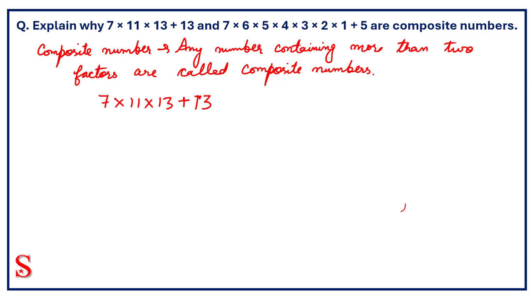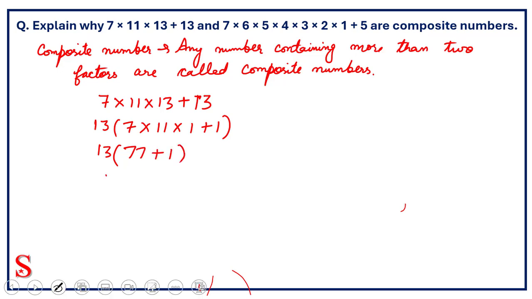So we'll take 13 out, and in the bracket it is 7 multiply 11 multiply 1 plus 1. Now we'll solve the bracket first of all. 7 multiply 11 multiply 1 would be 77, and then plus 1. Hence we'll get 13 and in the bracket 78. Now we have to find the factors.